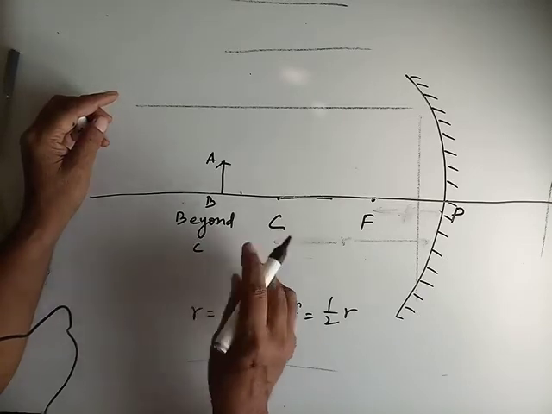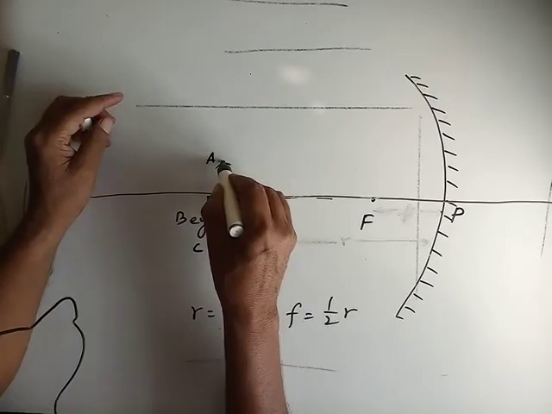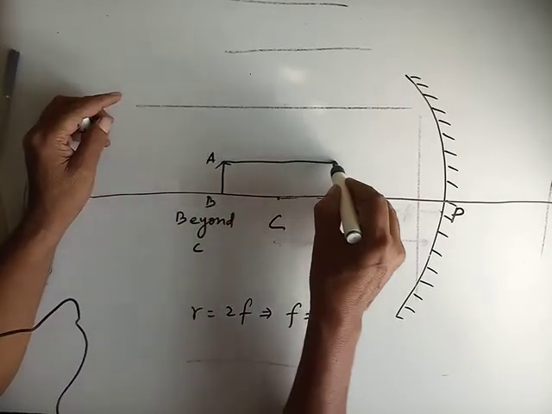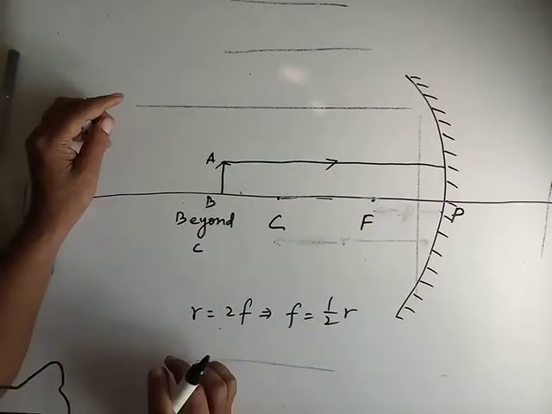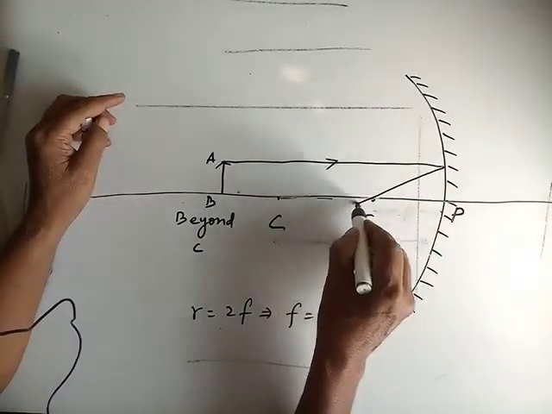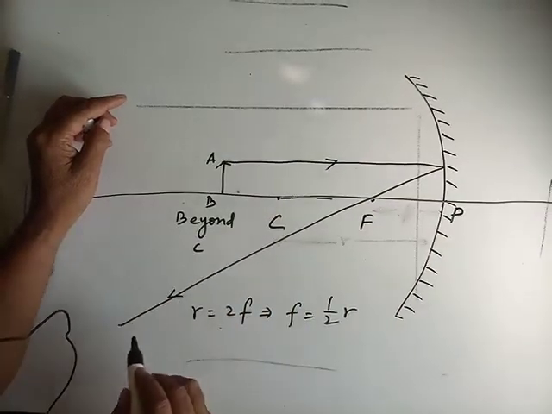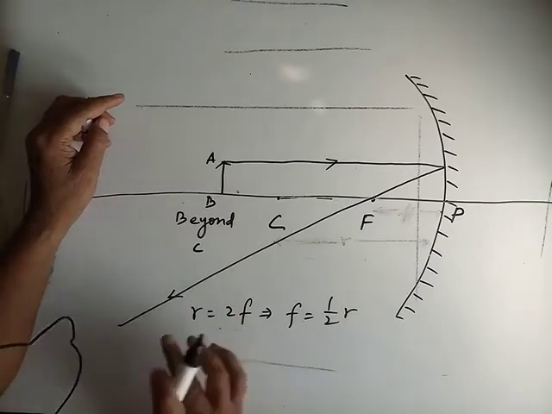When the object is beyond C, meaning beyond the center of curvature, one ray will go parallel to the principal axis like this. Any ray parallel to the principal axis will pass through the focus after reflection.